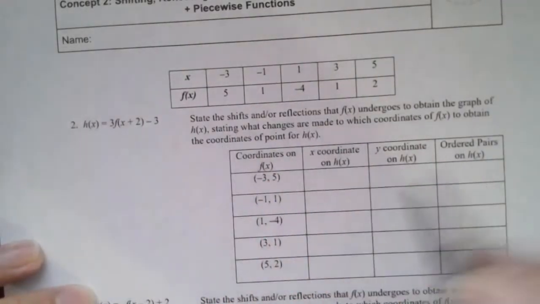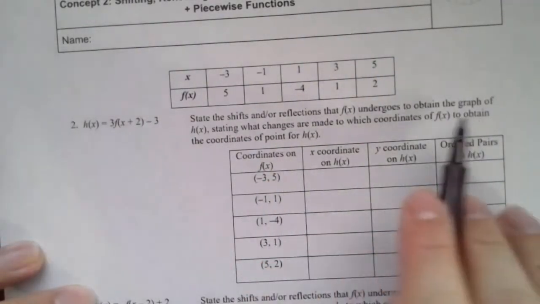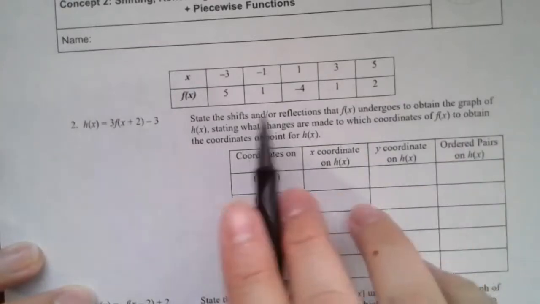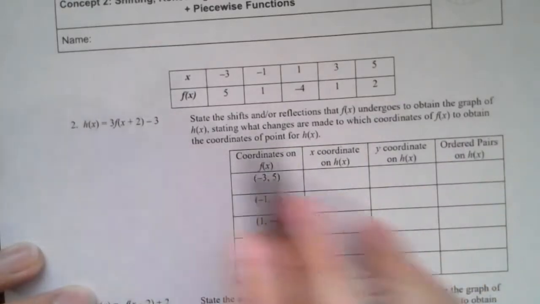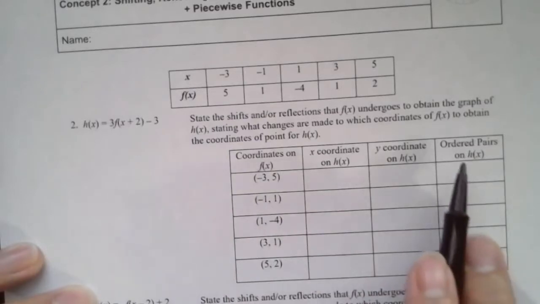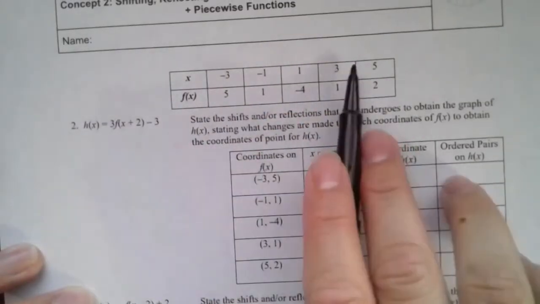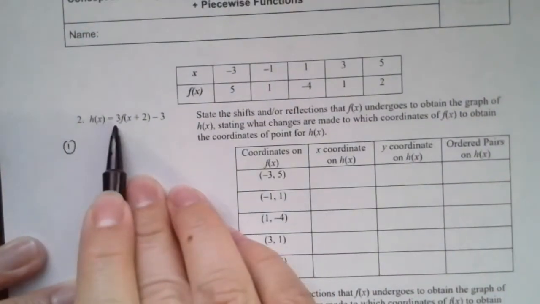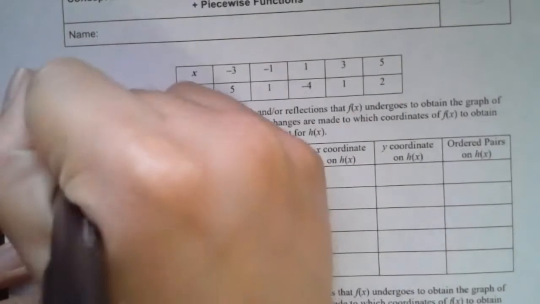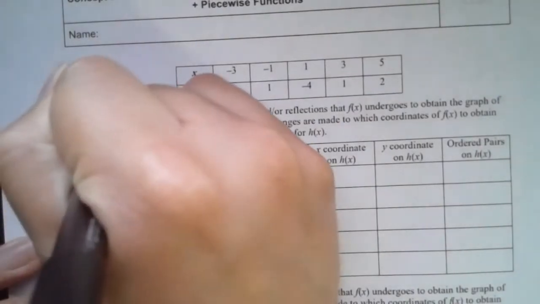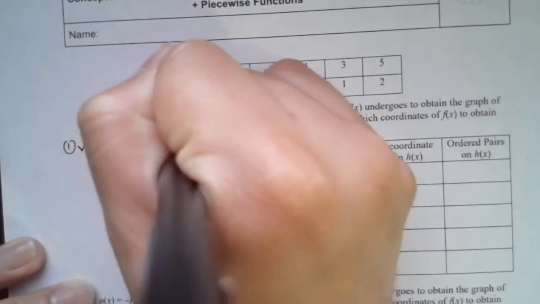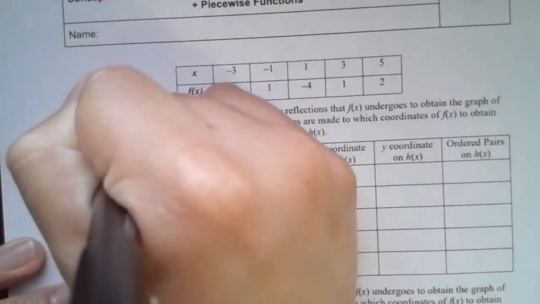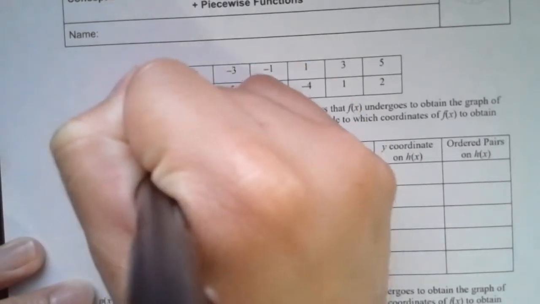Same case, right? State the shifts or reflections, the transformations, in other words, done on f of x to get h of x, and then same case. Okay, what are these points here of f of x equivalent to on g of x? Okay, considering the transformations. So I have, take this 3 here, I have a vertical stretch by a factor of 3.